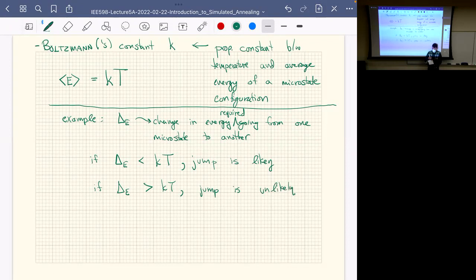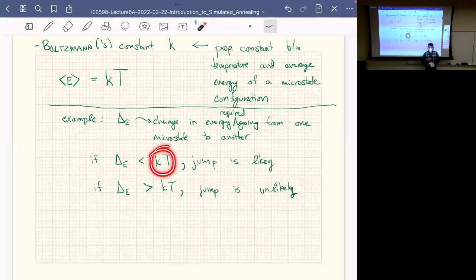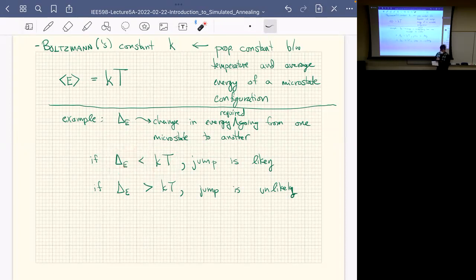Or if I want to use a banking analogy, we can think of KT as the amount of money in the bank or your budget. So this is your energy budget, and this is the cost of the jump. So if the cost of the jump is less than how much energy you have available in your system, then it's likely you can make the jump. If the cost of the jump is much higher than the amount of energy in your bank account, it's unlikely to make the jump. So that's how this magical quantity KT works.